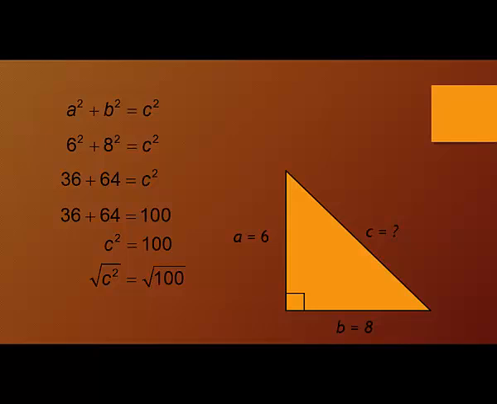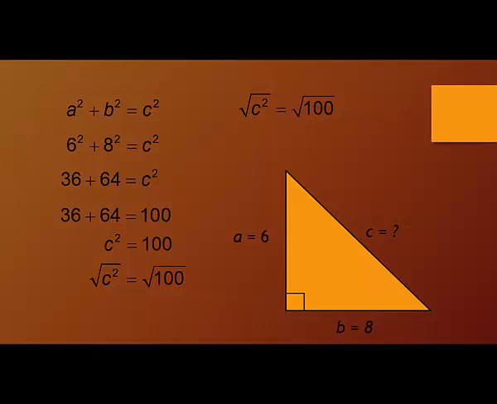But if it weren't an easy number, here's how we would go about doing it. We would take the square root of both sides. Remember, whatever we do to one side of an equation, we have to do to the other side. So we'd take the square root of C squared and the square root of 100. When we take the square root of C squared, with a variable term, it simply ends up being that variable letter.